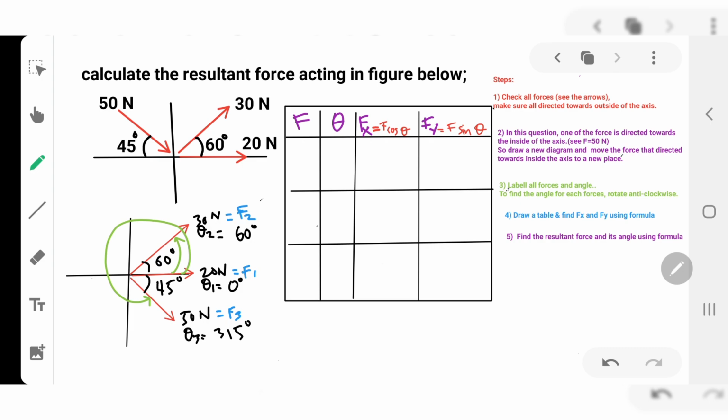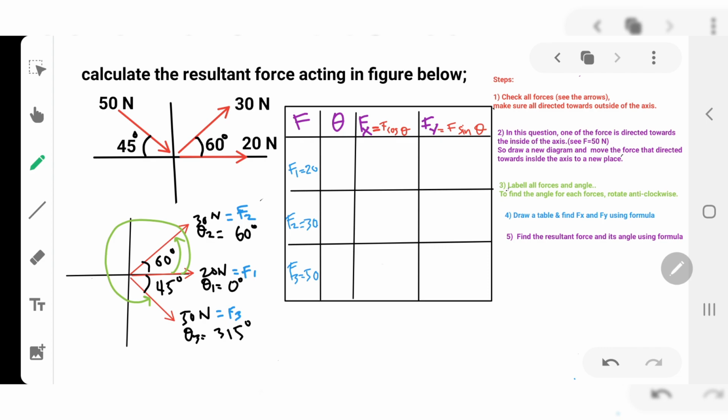For example, here we have F1 equal to 20, F2 equal to 30, F3 equal to 50. Okay, and don't forget to put the information for the angle.